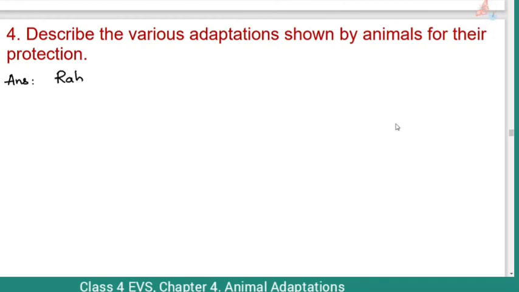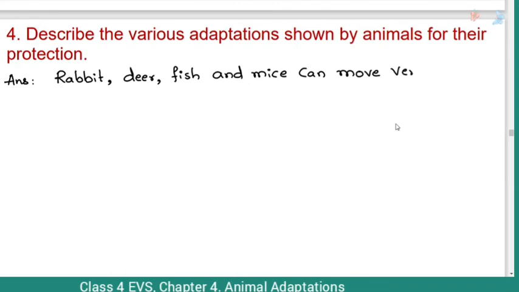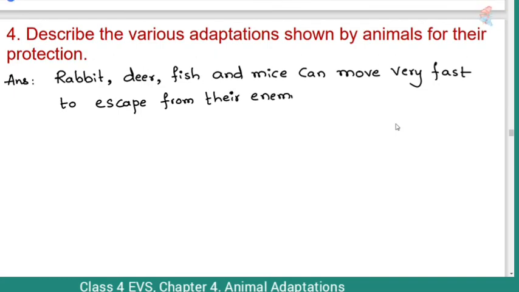Answer: rabbit, deer, fish and mice can move very fast to escape from their enemies. So this one is one adaptation.